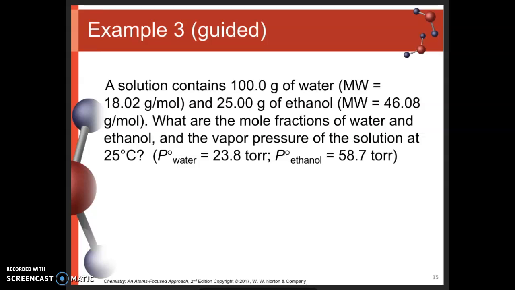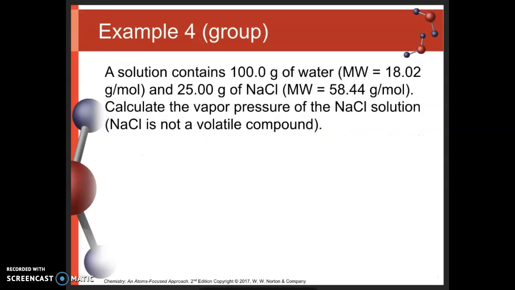In this video, we will go through an example of Raoult's law when you have two volatile liquids instead of just one. So you'll notice this is very similar to the last video, where we did a solution with a non-volatile solute and water.